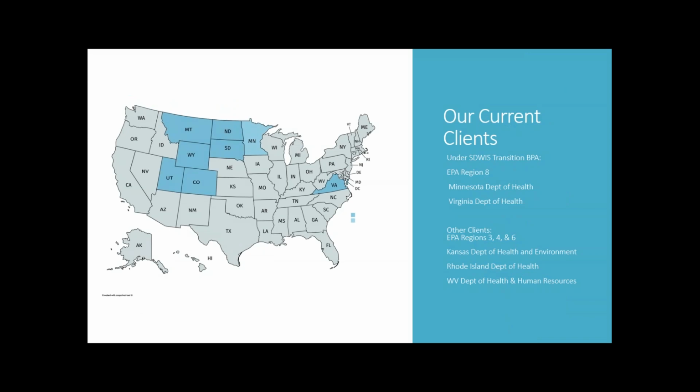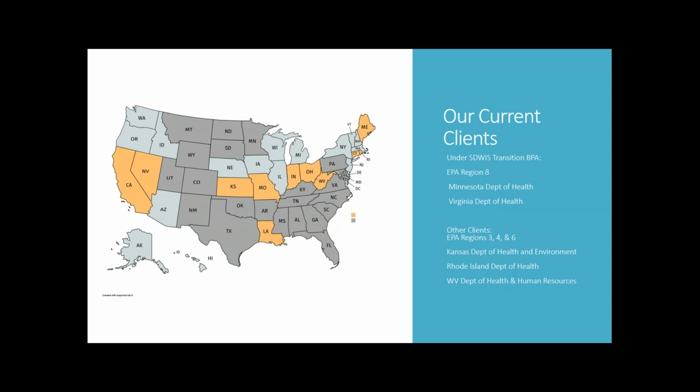Our current clients under the CIDWIS Transition BPA are EPA Region 8, Minnesota Department of Health, and Virginia Department of Health. Cadmus also supports EPA Regions 3, 4, and 6 with direct CIDWIS support and server hosting, including laboratory electronic data interchange, or EDI, for their tribal programs.